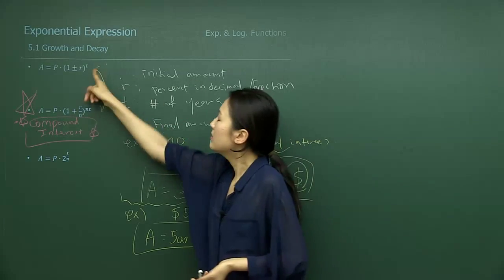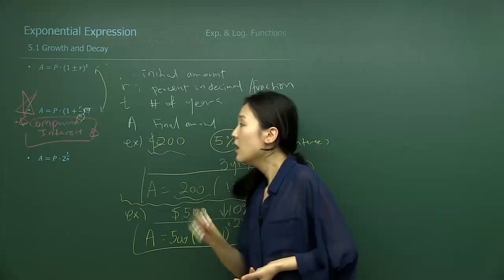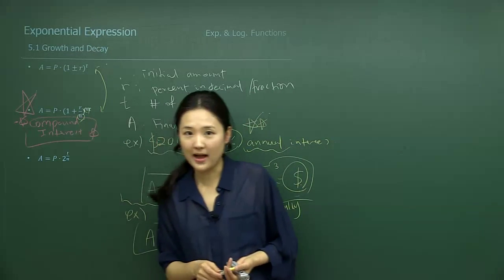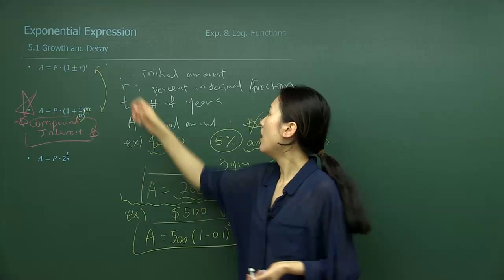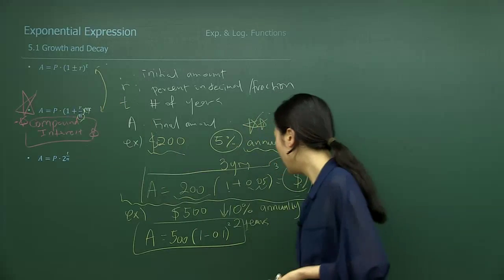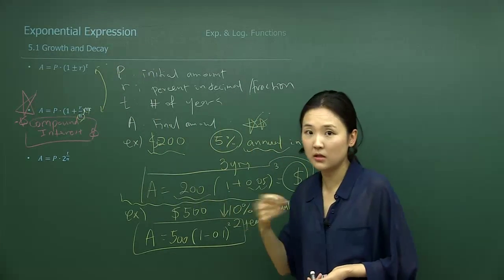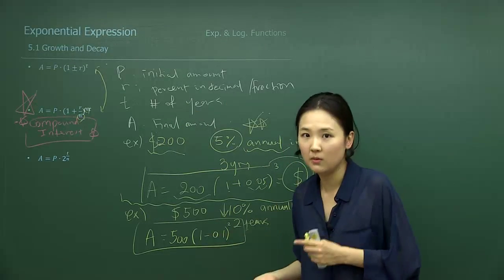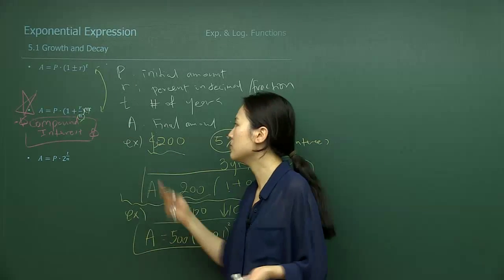As you can see, the difference is that there is r divided by n and also n multiplied by t. The P, r, and t are the same P, r, and t from above. P is still the principal, the initial amount. R is the annual percentage, okay? And t is time in years usually.